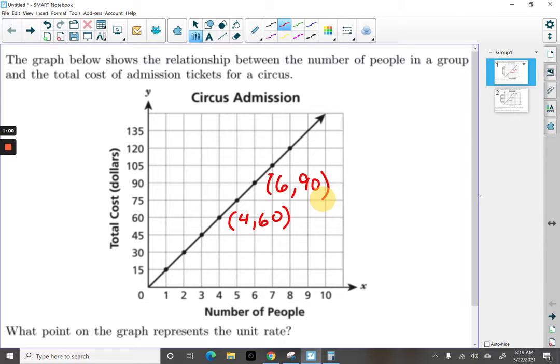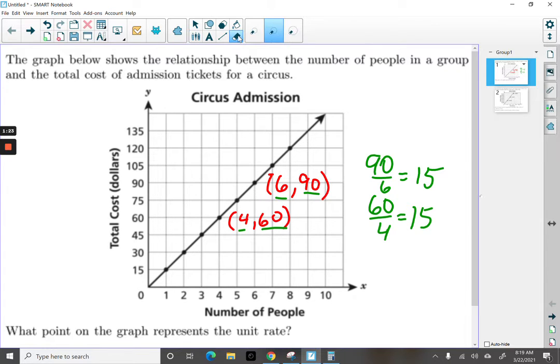And we can divide them by taking our y value and dividing it by the x. And 60 divided by 4 is 15. And also 90 divided by 6 is also 15. And what we see is that we have the same numbers between those, which means this should be a proportional relationship.